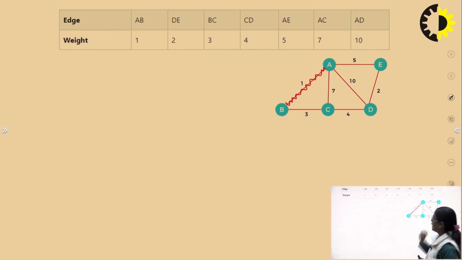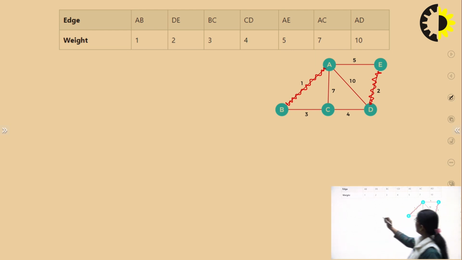So first we take edge number 1, which is AB. AB is selected. Number 2 is DE. As I already mentioned the concept of a forest, see it this way.